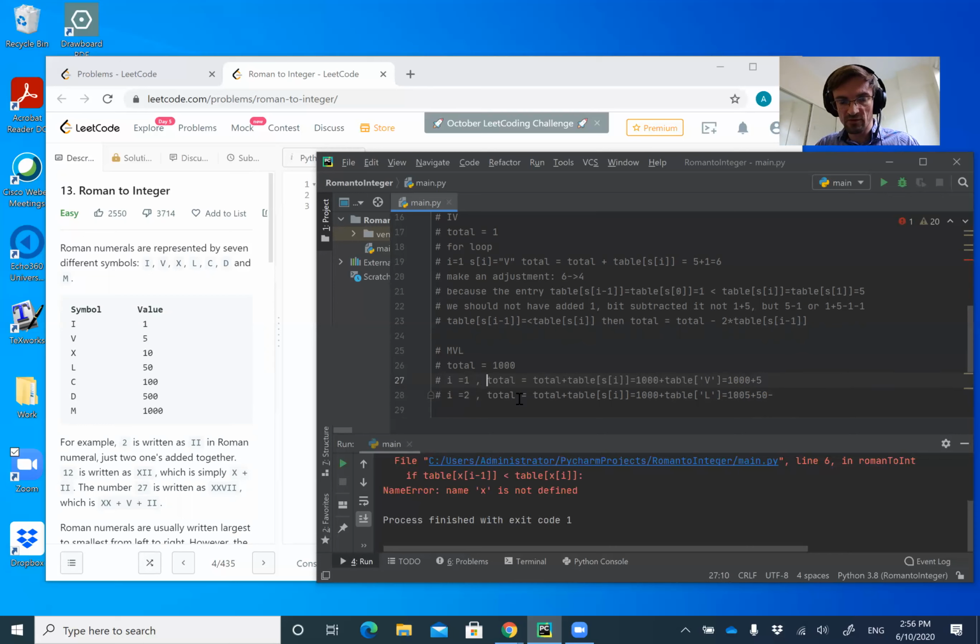Maybe there was a point of actually calling the previous one something. So previous here would be table of S of I minus 1. So the previous one was the 1000.